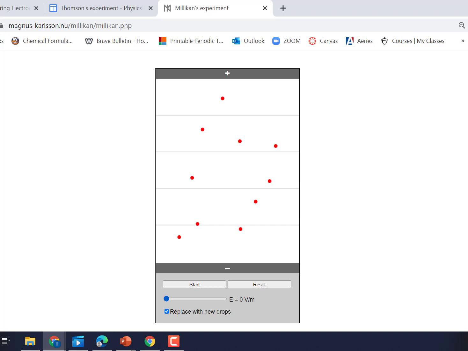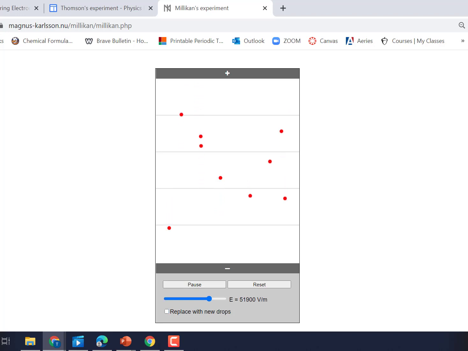I have no charge, so if I just push start, the oil drops are just going to fall, and gravity is just going to pull them down. They fall. But when I turn up the charge, if you focus on one specific one, I can get them to move upwards. But what I really want to do is catch one and make it not move at all.